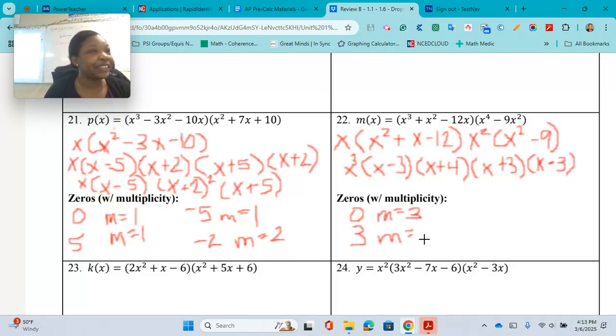Positive 3 with a multiplicity of 2. I was just trying to see if you was paying attention. And we have negative 3 with a multiplicity of 1. And what? It's my fault. You said who? Negative 4 with a multiplicity of 1.